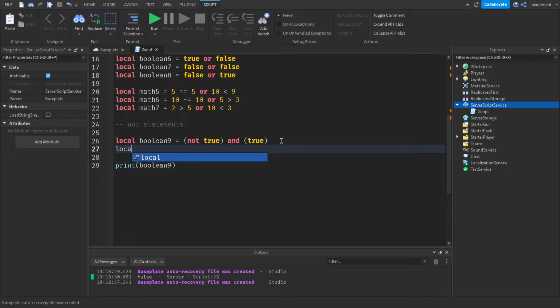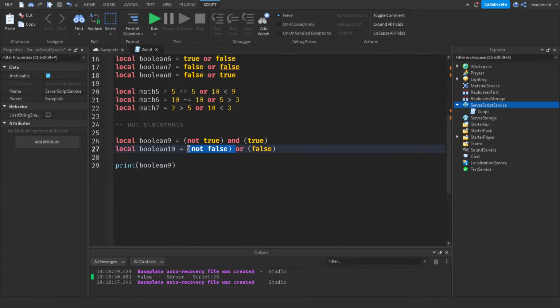And we can do the same thing with OR statements. So not, false or false, right? Even though both sides are false, we have our not here that flips this false into a true.